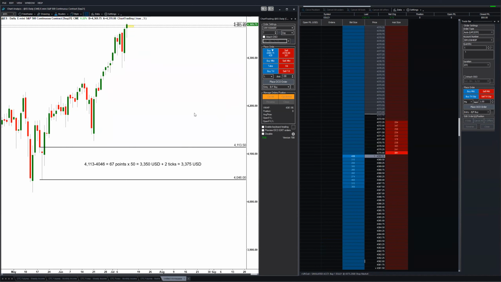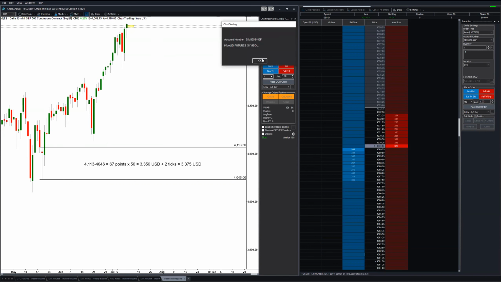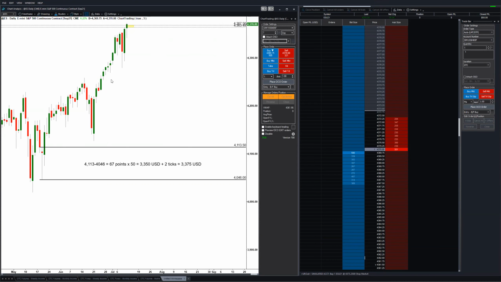So if I want to place this now, right? Remember, for a buy order, I cannot literally show it to you, but you hold Control and the left mouse button. Account invalid. Yeah, of course. My mistake.